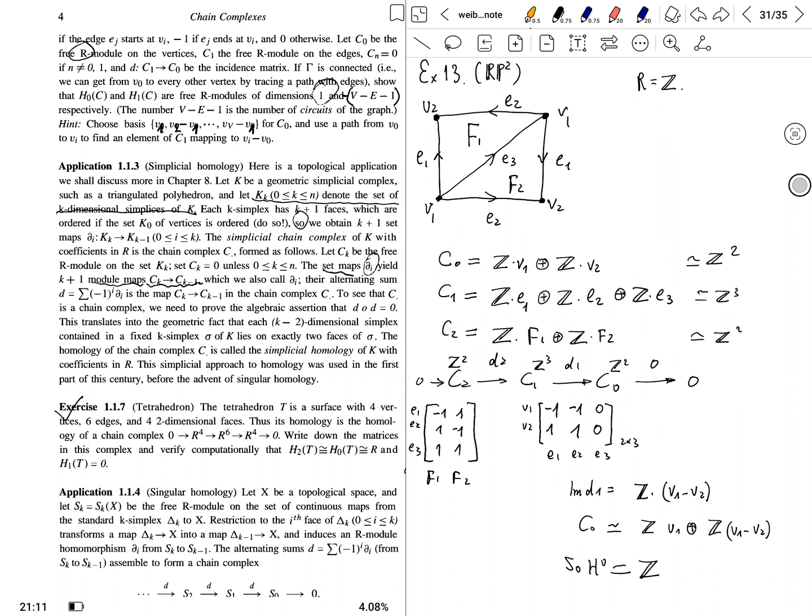The order we are fixing is firstly this, secondly this, thirdly this, and so the direction is our fixed order. This is the same as saying we have fixed an orientation.